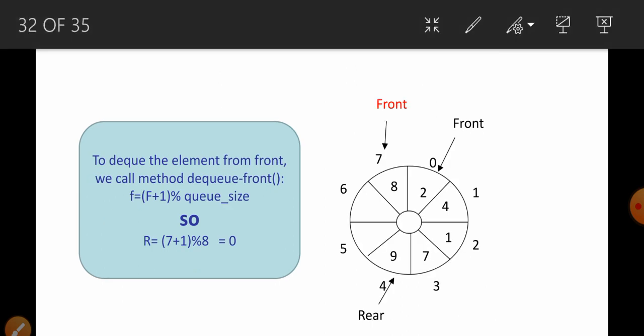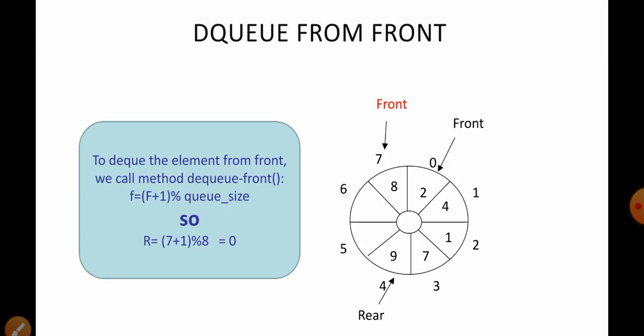Another example is of deque, and again the deque is from the front end. Consider one example where the front is at index 7.